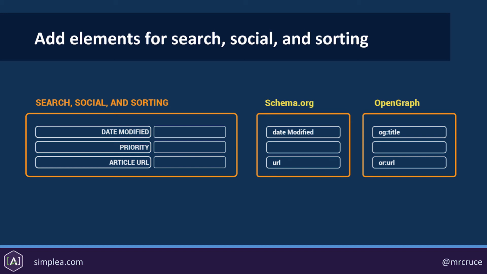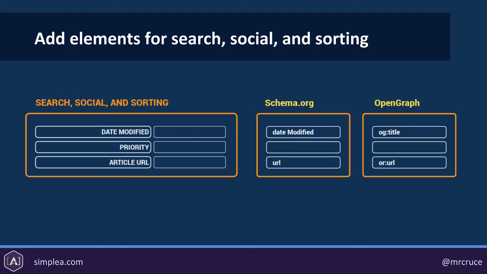Schema.org calls it properties. Open Graph probably calls it something different. Everybody is dealing with some language variation here. We like the word element. So we're mapping a content model element to a schema.org property within a content model.